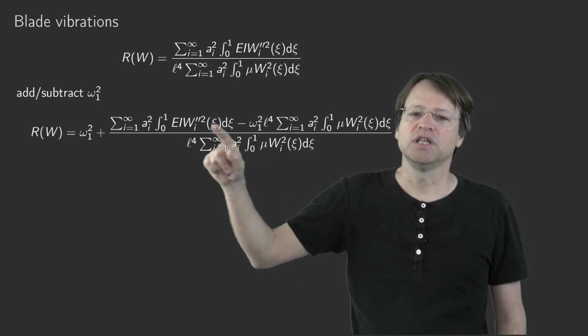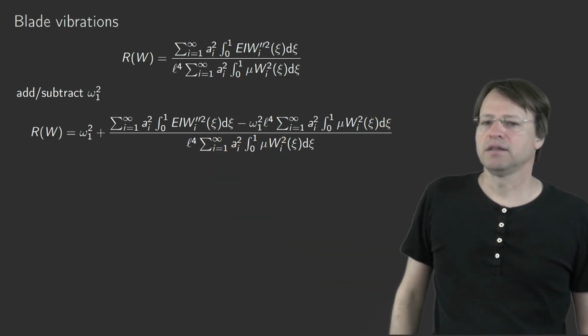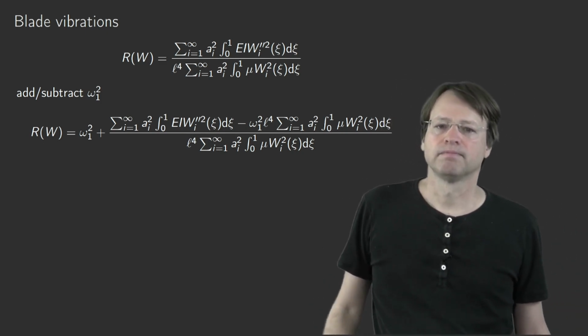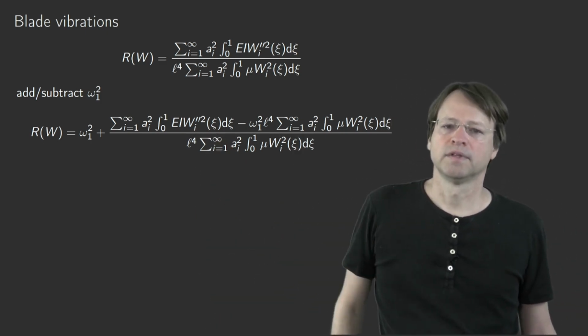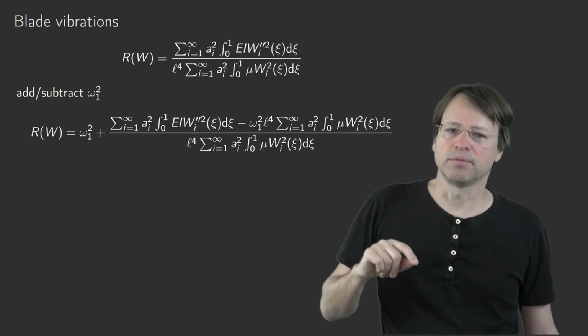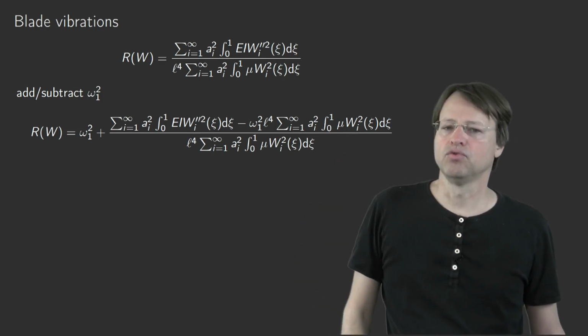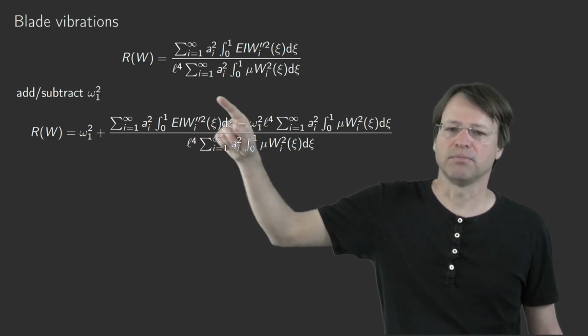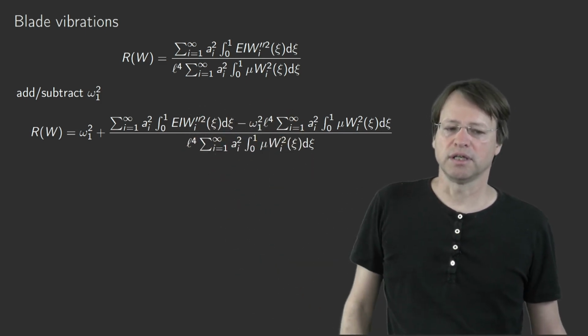Now I can switch here. In the first integral, I can switch to also a representation including μ W_i squared dψ. So I can switch from, let's say, potential to kinetic energy.